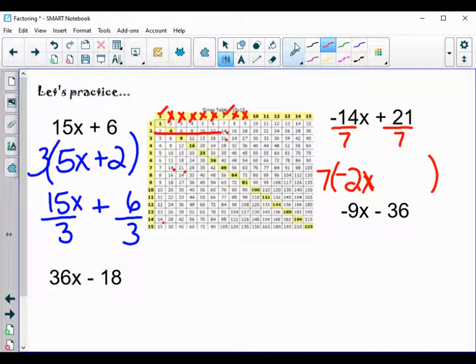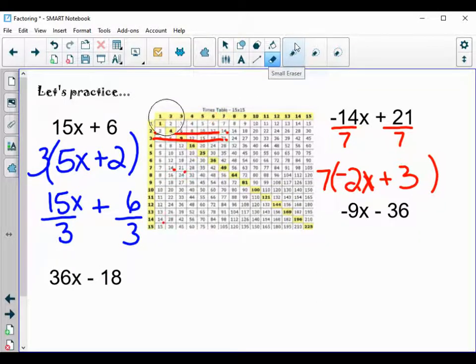And then positive 21 and positive 7, they have the same sign, so that is add or positive. Go over, and that is 3. Okay? So I'm going to stop here. You can practice the last two if you want. But again, you are using the multiplication chart, or you can just use the facts that you already know.